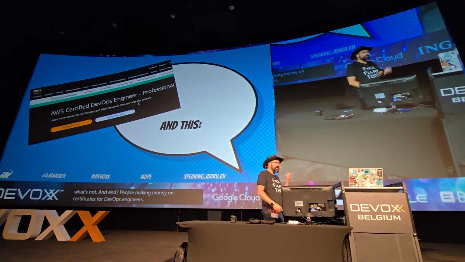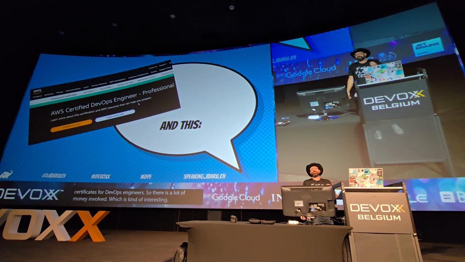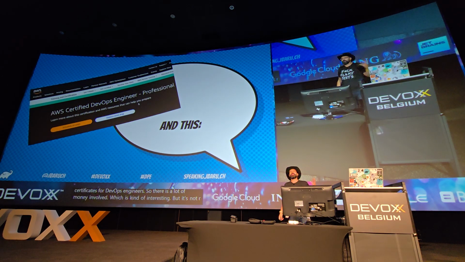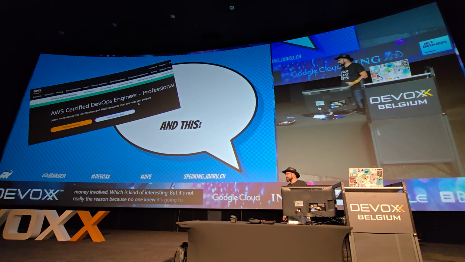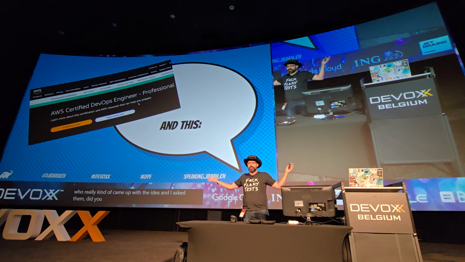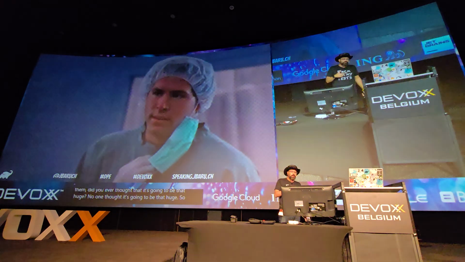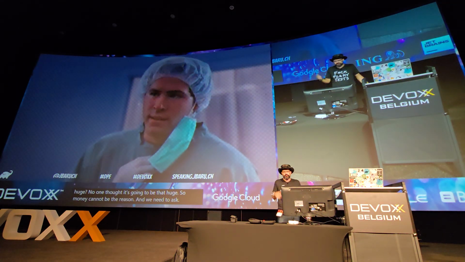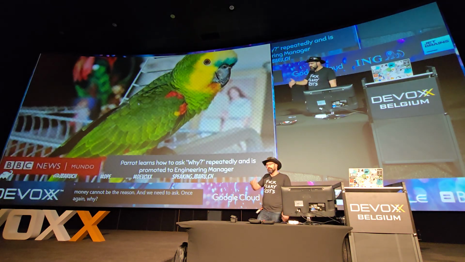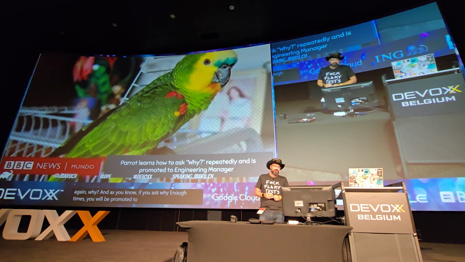So there is a lot of money involved, which is kind of interesting, but it's not really the reason, because no one knew it was going to be that huge. If you ask Patrick Debois, if you ask people who really came up with the idea, did you ever think that it was going to be that huge? No one thought it was going to be that huge. So money cannot be the reason, and we need to ask, once again, why? And as you know, if you ask why enough times, you will be promoted to an engineering manager. We'll stop at 2.